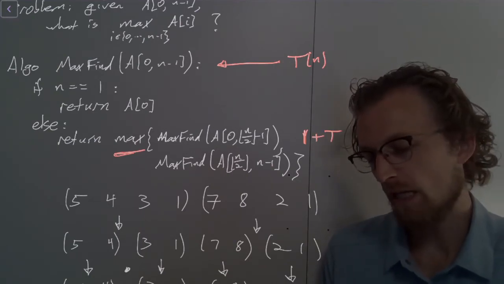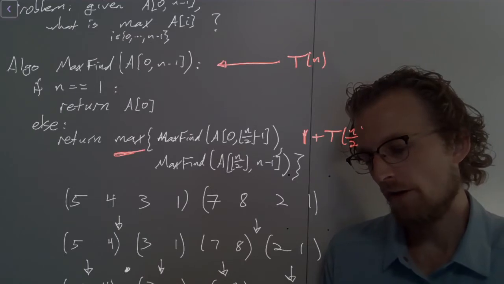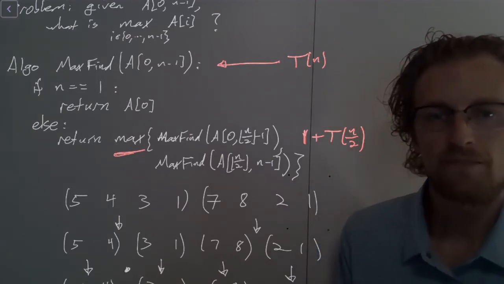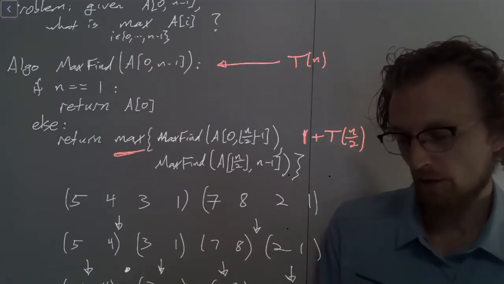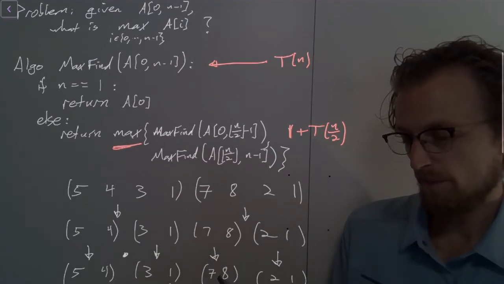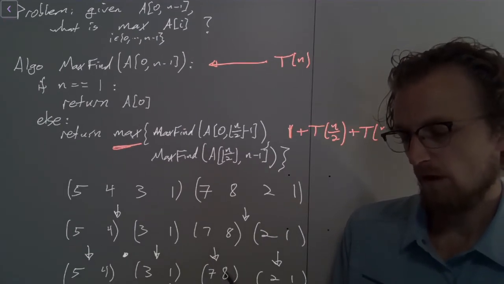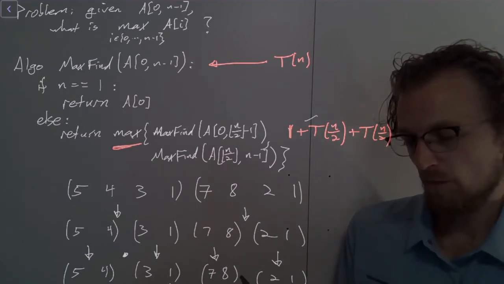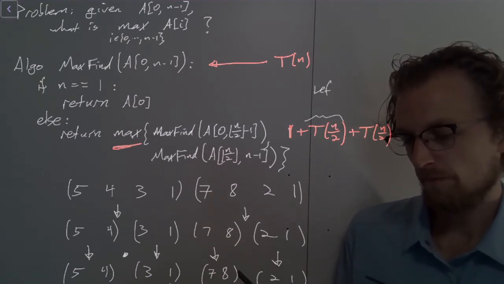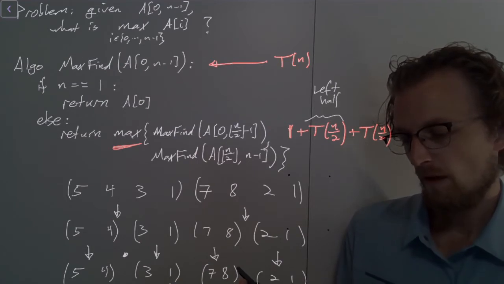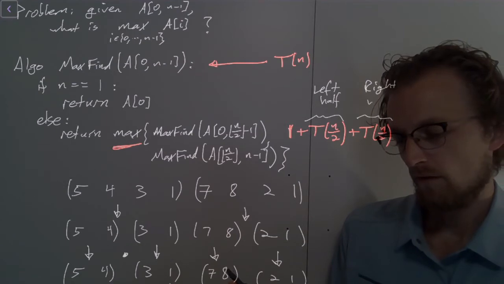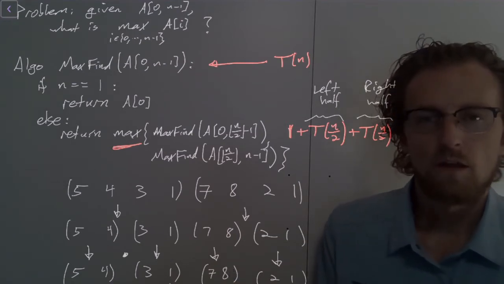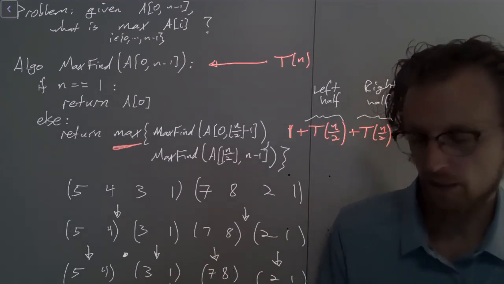So we're making a recursive call on the left half of the array, and we're making a recursive call on the right half of the array. T of n over 2 again. Okay, so this one corresponds to the left half, and this one corresponds to the right half. And this is our recurrence relation, right?